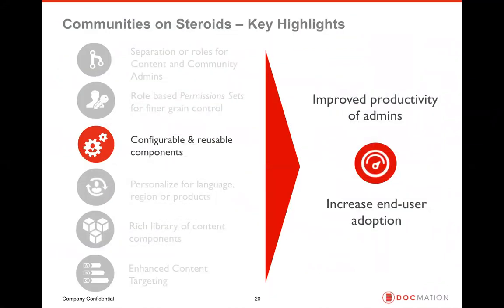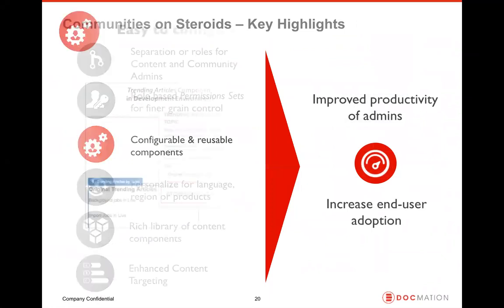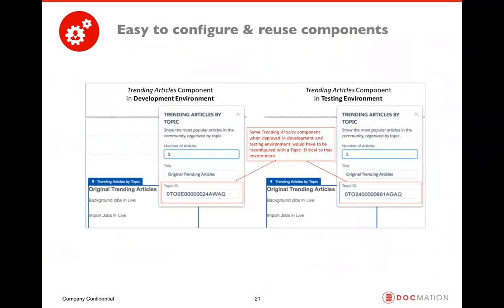Now the next piece is that, out of the box, when you're using the standard components, there is little reusability of the components, and also little configurability. For example, if you take trending articles, if I'm using trending articles to showcase a specific topic, then the out-of-the-box component requires me to supply the actual topic ID.